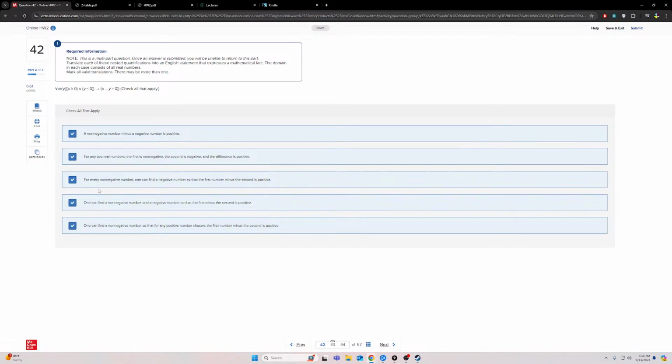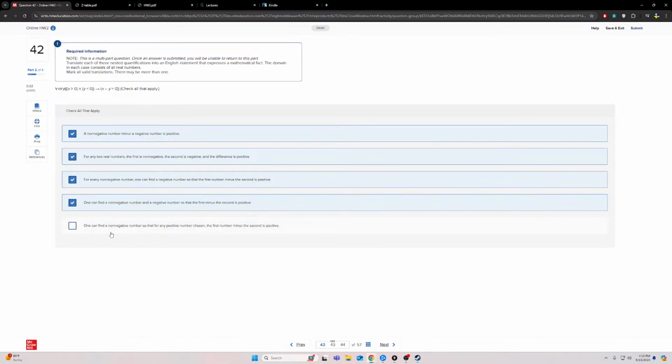I mean, technically all of these are true. They don't translate correctly that express a mathematical fact. I mean, these are all facts. You can find a non-negative number. You can, because all are true. One can find a non-negative number and a negative number.